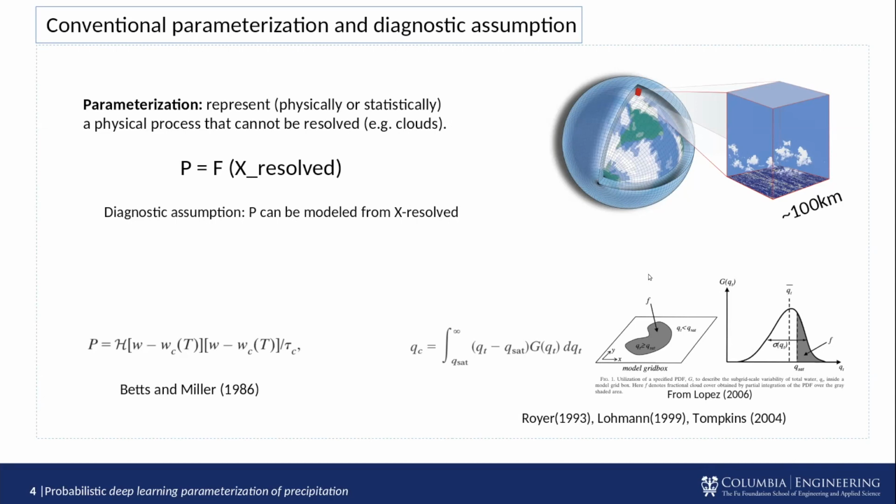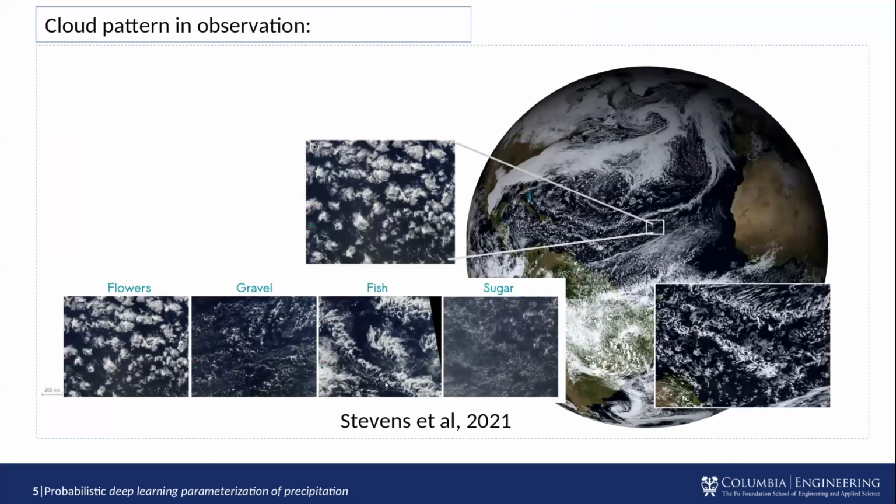Now, these parameterizations do not represent any information about subgrid scale structure. So it doesn't matter if I have clouds that are staying very close together or a randomly distributed cloud structure. While from observation, we see that clouds can take many different forms. Some of them appear so frequently that they have been given specific names, like flower, fish.